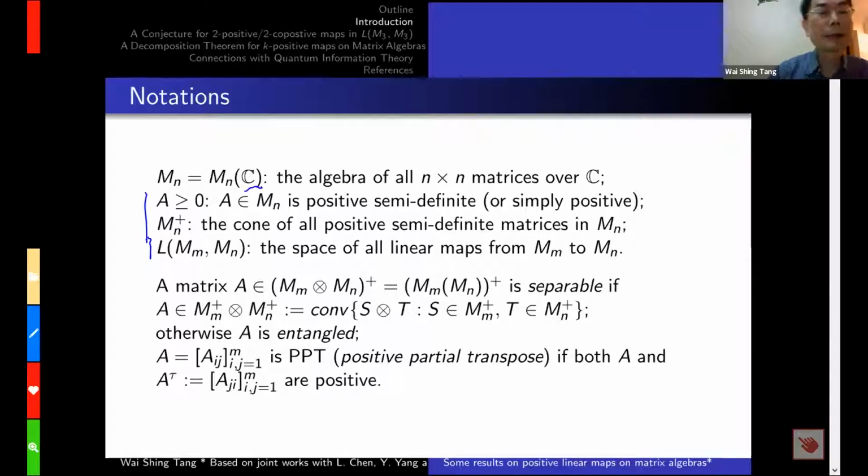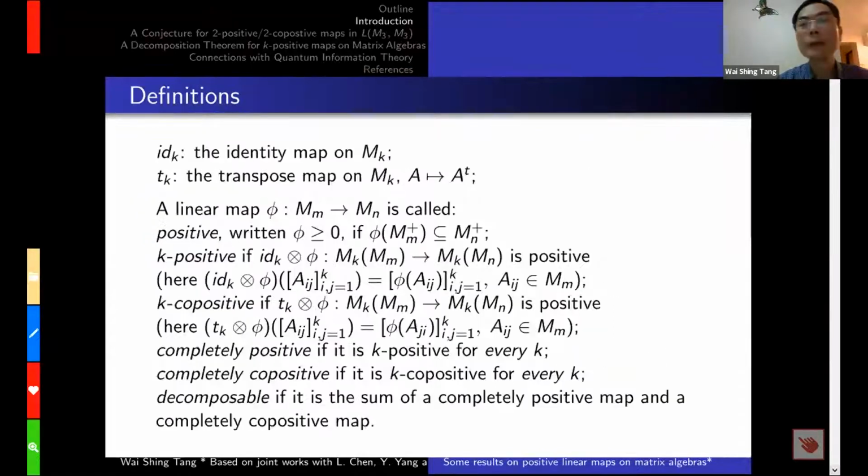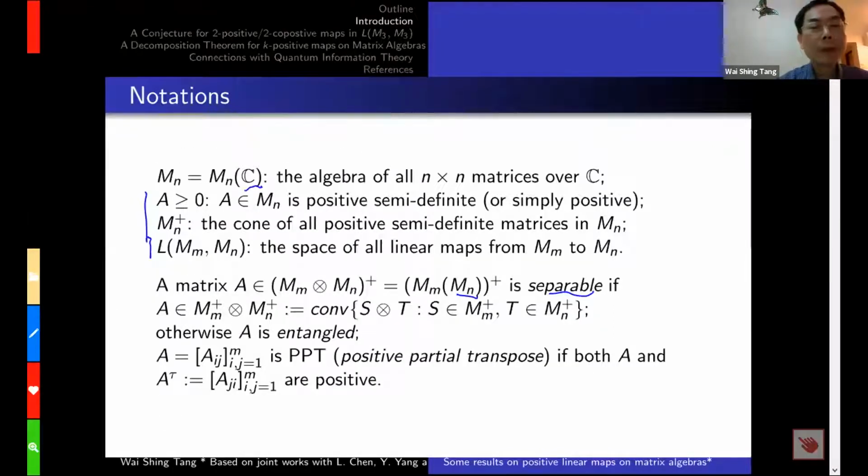Now a positive matrix in Mn tensor Mm, quite often I will identify that with m by m block matrices with entries in Mn. Such a matrix is said to be separable if A is in the tensor cone, Mn plus tensor Mm plus. And otherwise, it is said to be entangled.